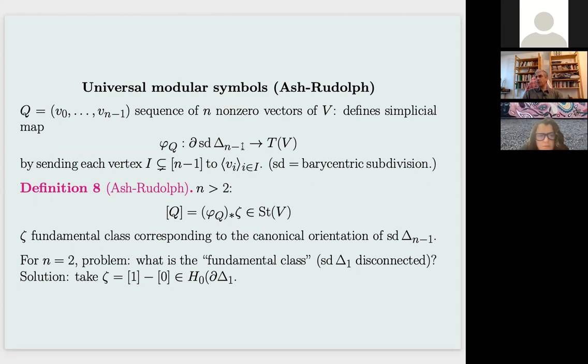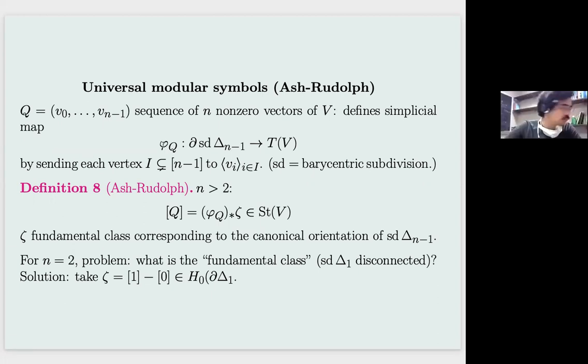Delta n minus 1 is the n minus 1 simplex viewed as a simplicial complex, SD is the first barycentric subdivision, partially the boundary of this. And then this map phi Q sends each vertex in n minus 1 to the subspace of V generated by the VI's for I in this subset capital I.